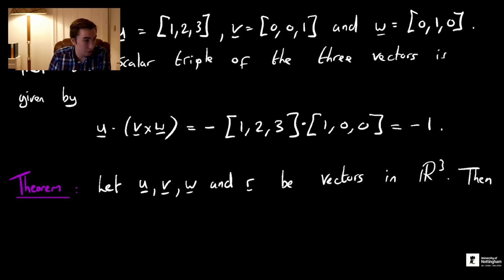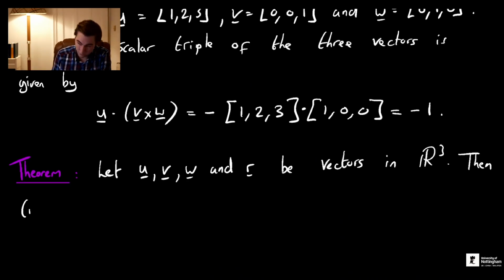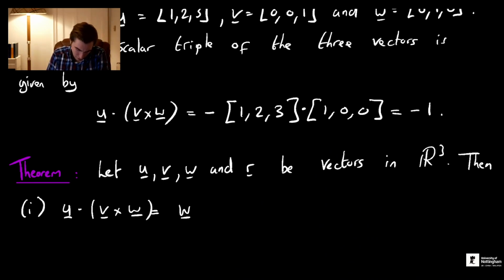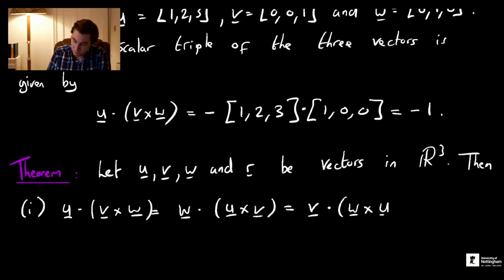Then we have the following things holding. The first one is that U dot V cross W is equal to W dotted with U cross V, which is equal to V dotted with W cross U.